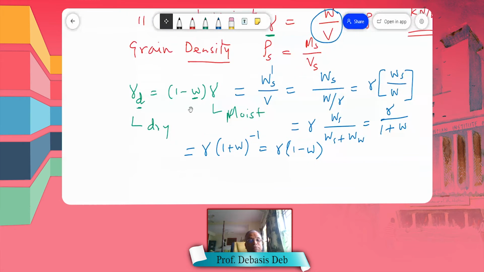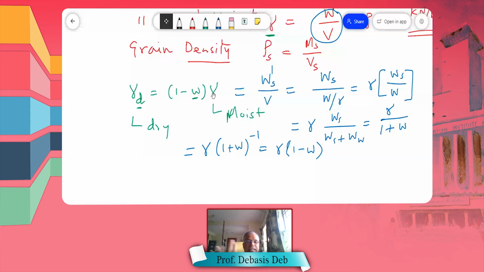So what you simply have to remember, when we get the moist density, that means, as I told you, somebody sent me a sample. I found out its moist density or unit weight. I take its weight, I found out its volume, and that gives me the unit weight of the moist soil.